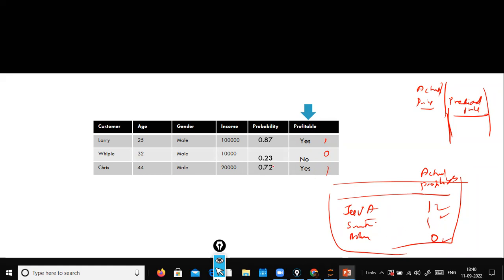Given various factors, now what is the predicted class label? The model also predicts Jiva as a profitable customer, which is correct. So that is what MLE does. MLE determines the beta naught and beta 1 values.